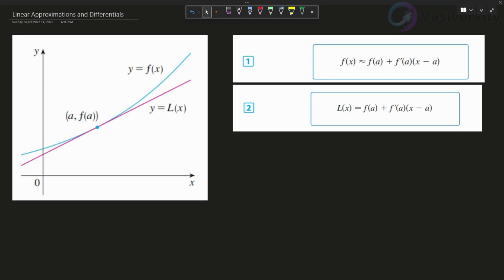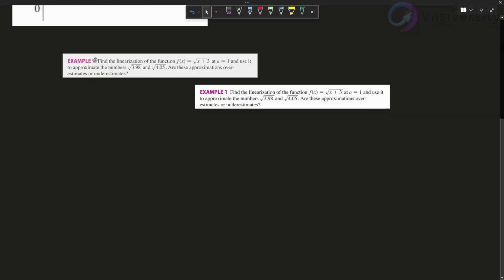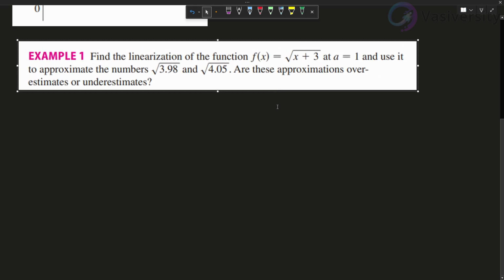So the first example here is we want to find a linearization of the function f of x equal to the square root of x plus 3 at a equal to 1 and use it to approximate the numbers square root of 3.98 and square root of 4.05. Are these approximations overestimates or underestimates? Okay, so now let's go ahead and rewrite it.